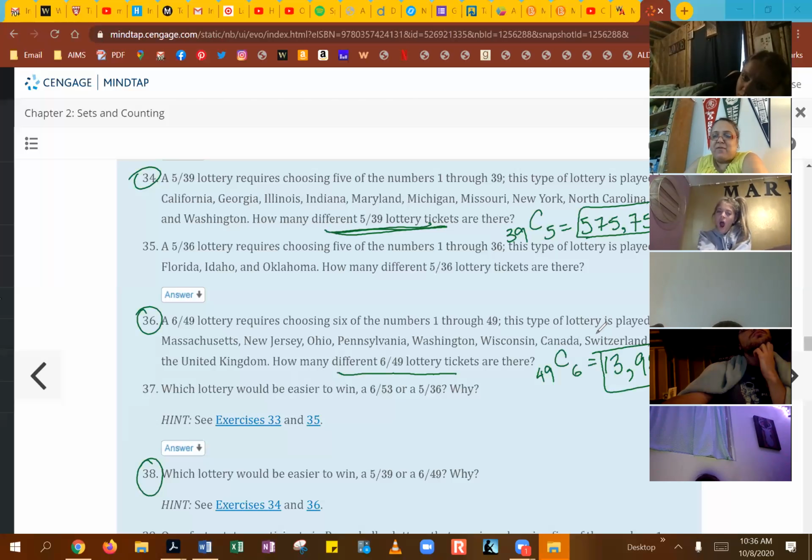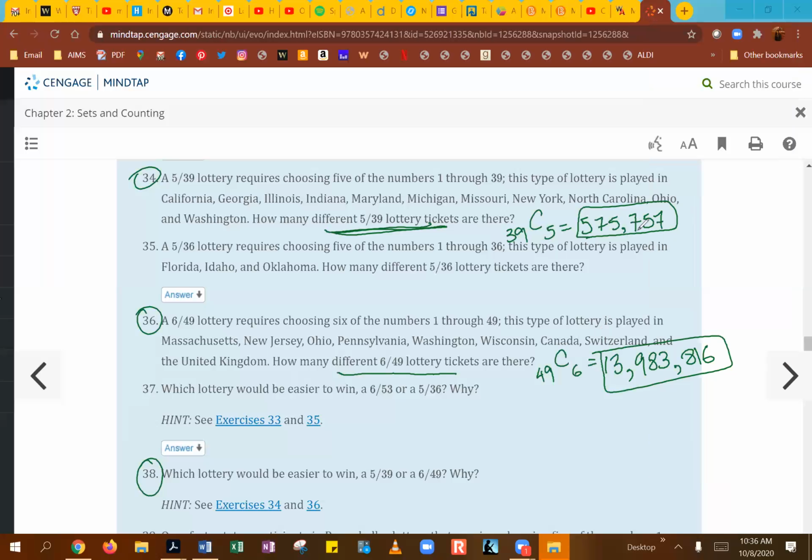Less tickets for 5 over 39. Yeah, Logan, exactly. The fewer tickets you have, the fewer people you are competing with, right? So since you have fewer tickets in the 5 over 39 game, that one will be easier to win.